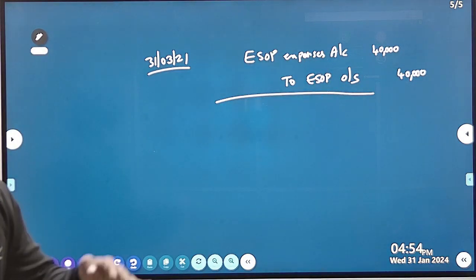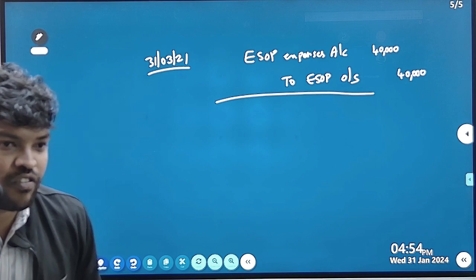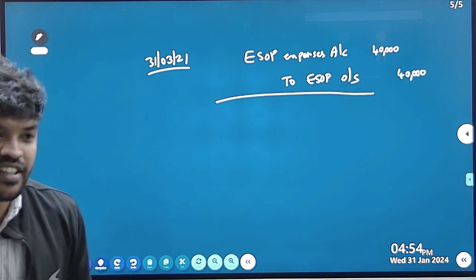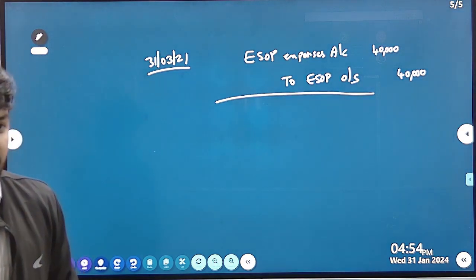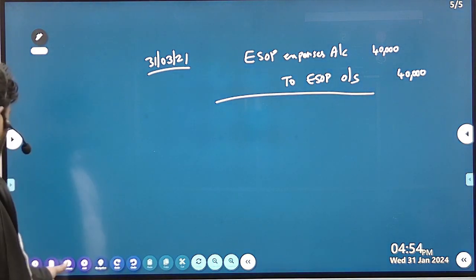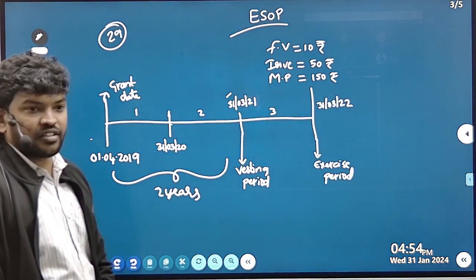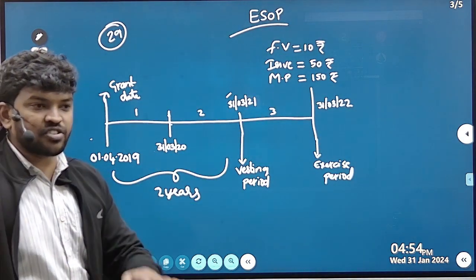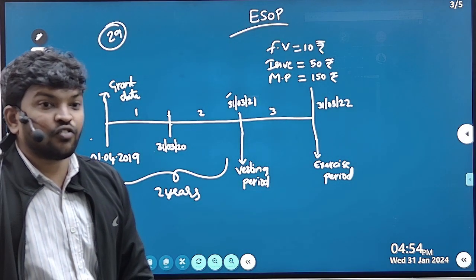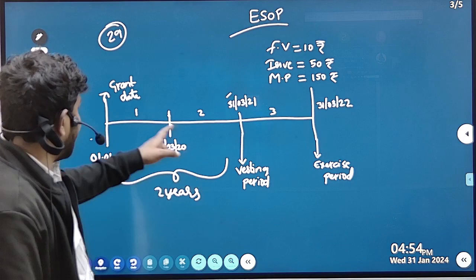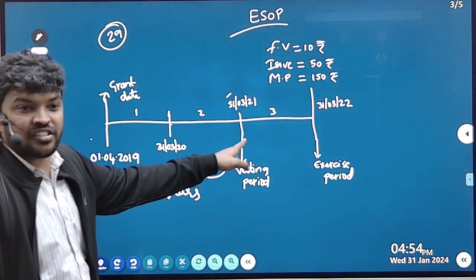How much total loss has to be recognized in 2 years? Total loss, how much is it? Not 2 lakhs. On 31st March 2022, here how much total loss? How many options were existing? 1400, not 2000. Here it is 2000, but here it is how much? 1400.